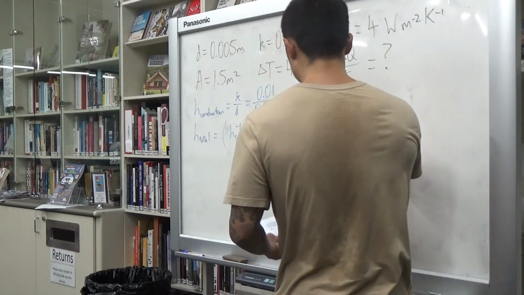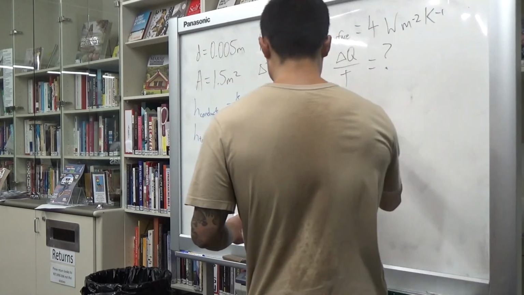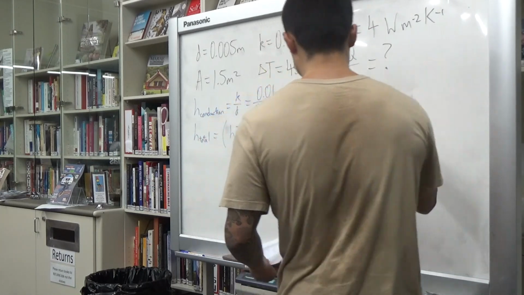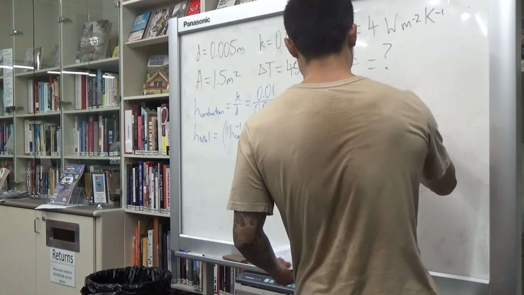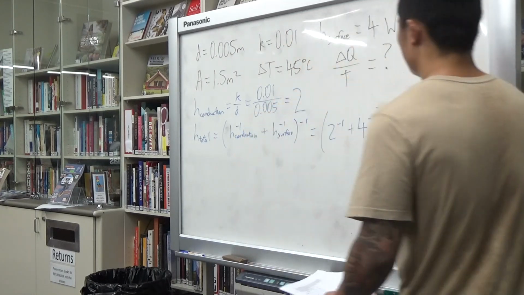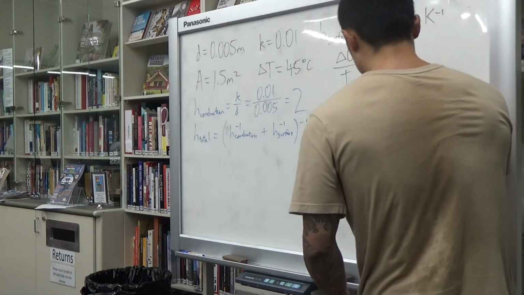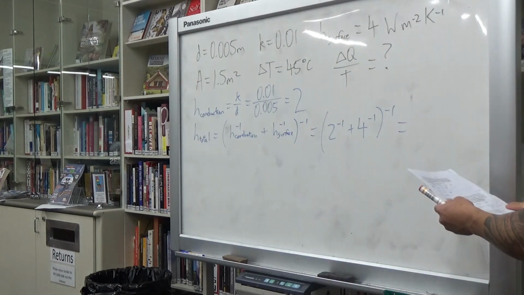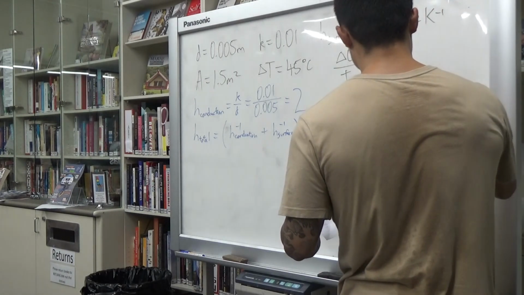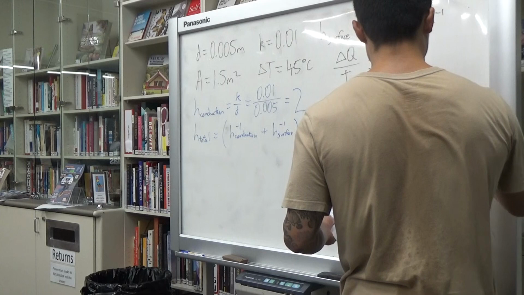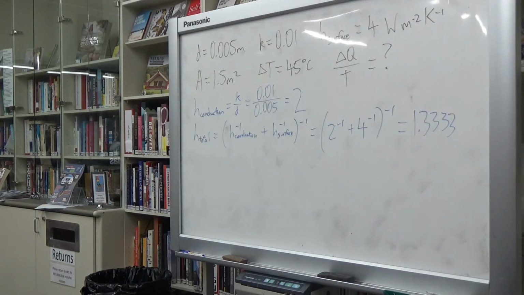So that's going to be 2 to the power of -1 plus 4 to the -1, to the power of -1. And that's going to be 1.3333. Okay, so that's your H total.